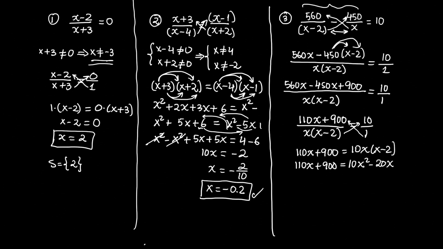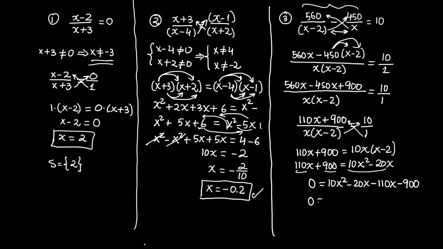Now what I have to do is put together x squared, the x terms, and the numbers. So I have 0 equal to 10x squared, minus 20x. These are from this side. Now the 110 is positive, comes here, becomes negative. And the 900 is positive too, comes here, becomes also negative.